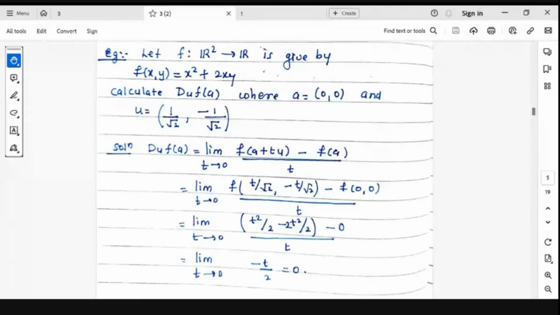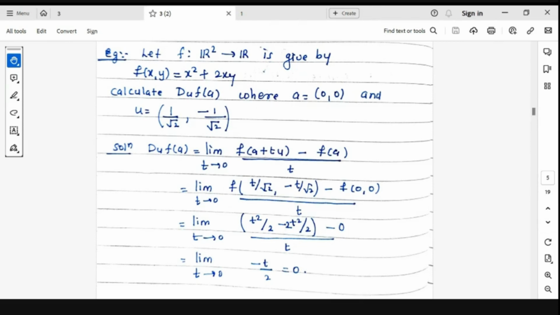So f of A is f of 0, 0. You substitute x equal to 0, y equal to 0, and you will observe that this is simply 0. You calculate A plus tu: your A is 0, t times your u, which is 1 by root 2, minus 1 by root 2. So this will turn out to be t upon root 2 comma minus t upon root 2.